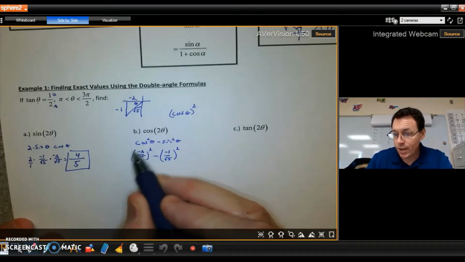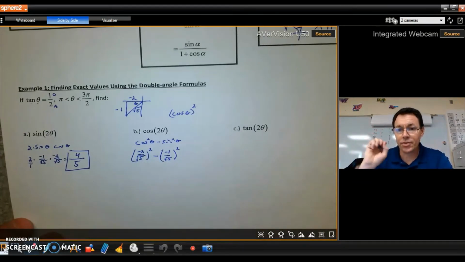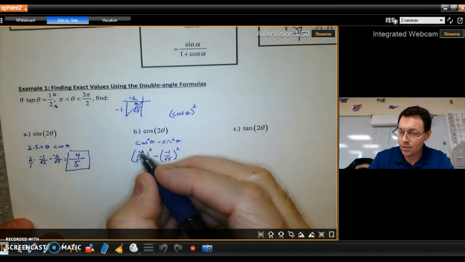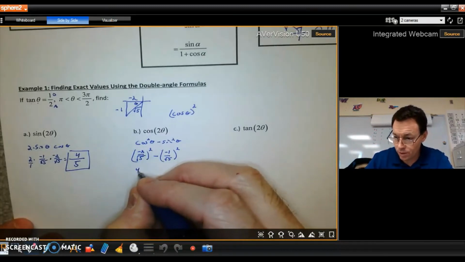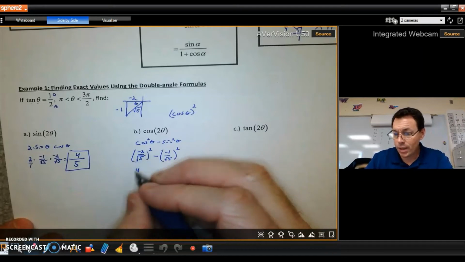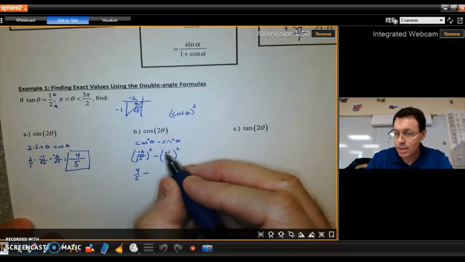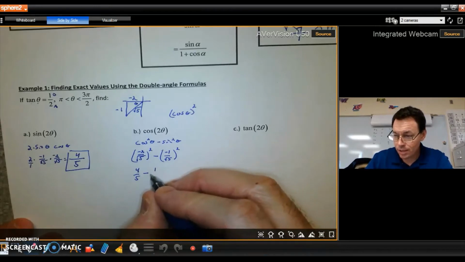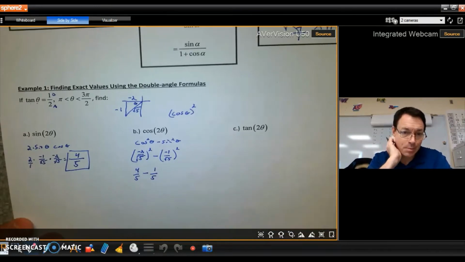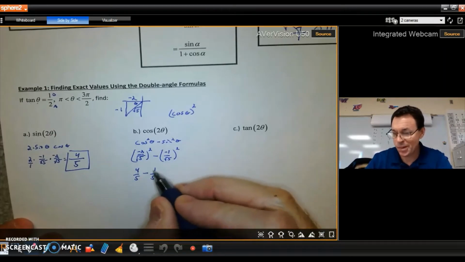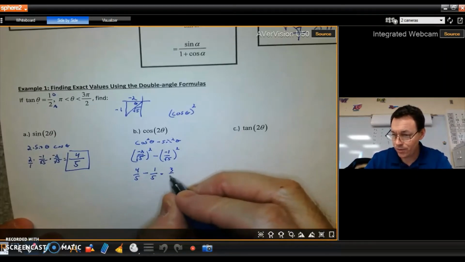Remember, when you square a fraction, it's the numerator times itself and the denominator times itself. So negative 2 squared, that's 4. Radical 5 squared, that's 5. Minus negative 1 squared is 1. Radical 5 squared is 5. So the entire problem is just 4/5 minus 1/5, which is 3/5.